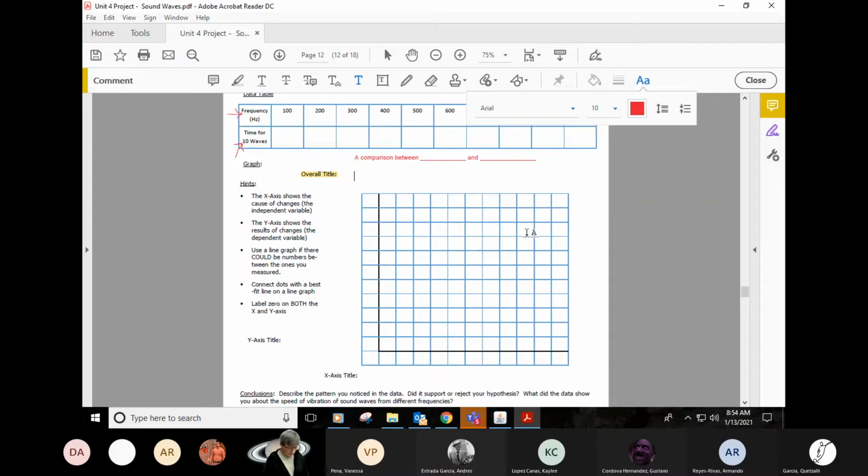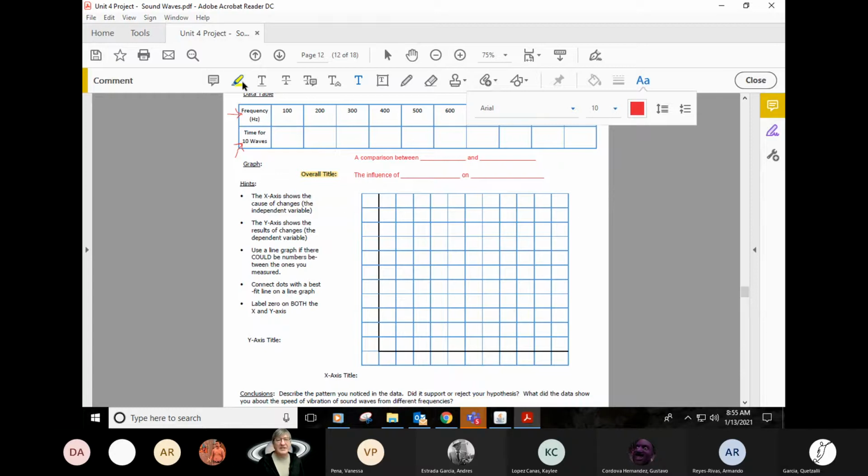Or another title might be something like the influence of blank, one of the variables, on blank, the other variable. So you could use these as starting points for writing a good title for this graph.